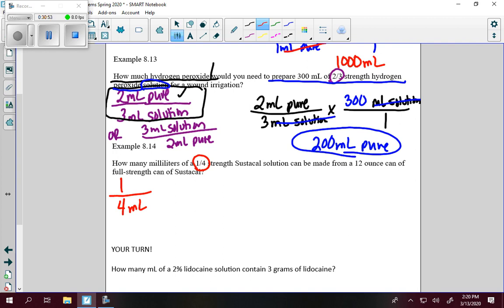But when I look here, it says how many milliliters of a solution can be made from a 12-ounce can of Sestical. So the thing is this says a 12-ounce can. If it's in a can, it's going to be that. It's like Similac. Well, I guess Similac is gummy powder too. This one's going to be milliliters to milliliters. It's going to be milliliters pure to milliliters solution. Or I'm going to say 4 milliliter solution to 1 milliliter pure.